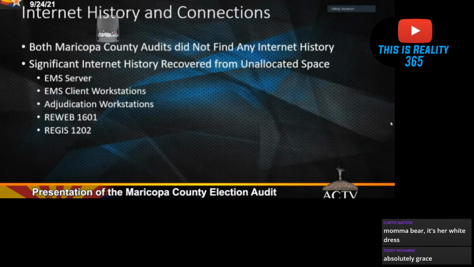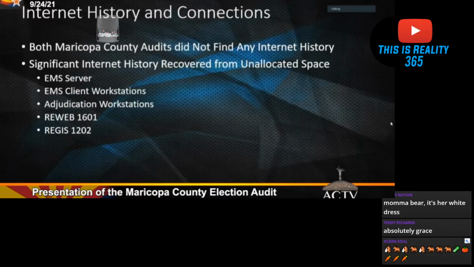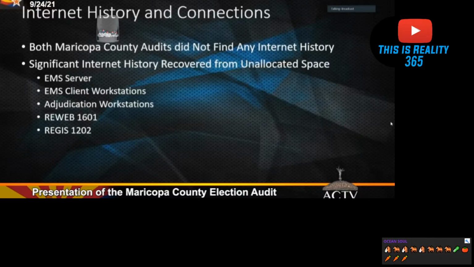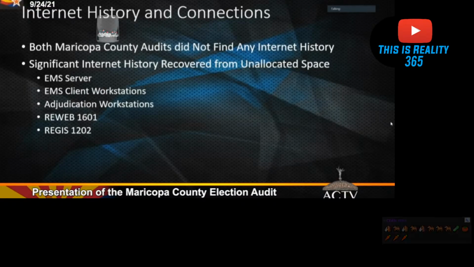Now, before I get into this, I want to kind of walk through my methodology a little bit. So it's very common for operating systems to have default URLs, compatibility caches, things of that nature that may have an internet URL as part of that artifact.